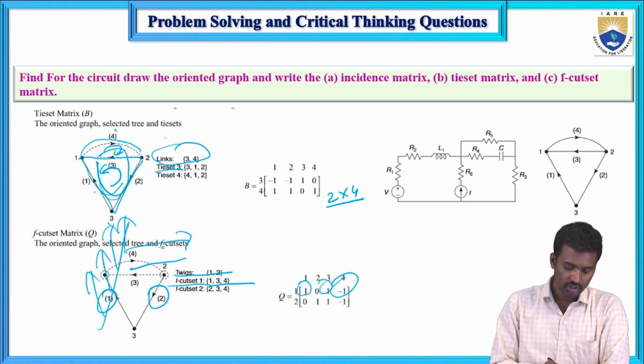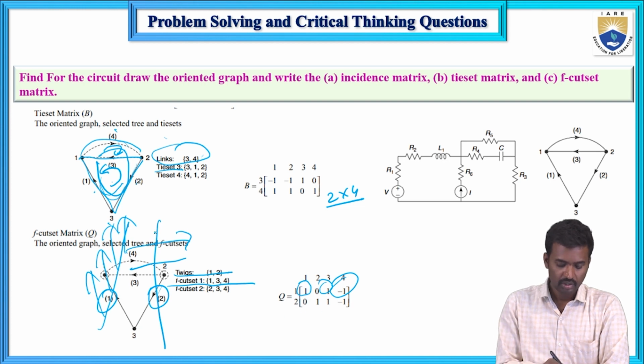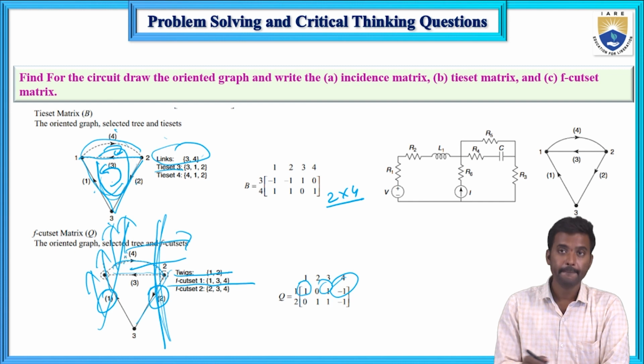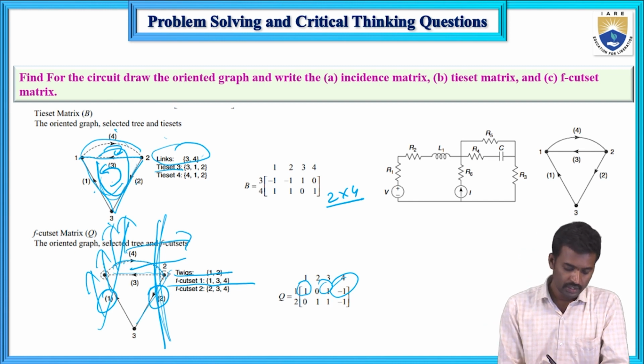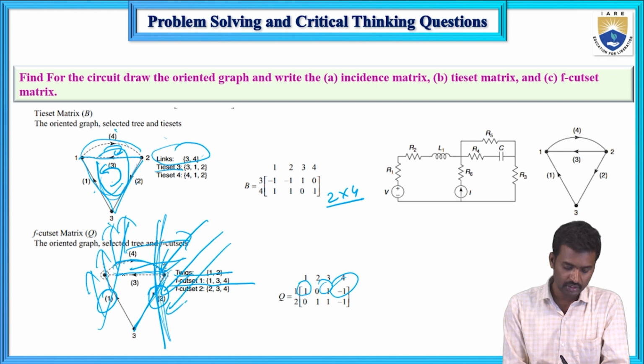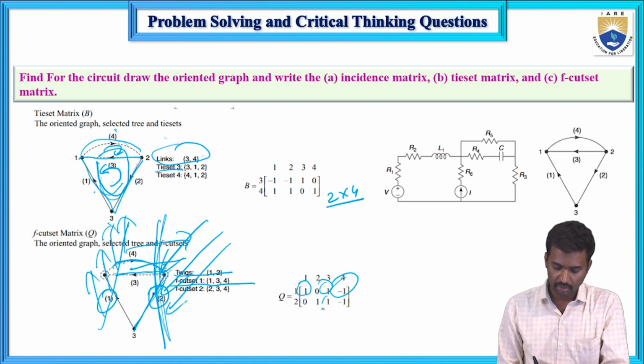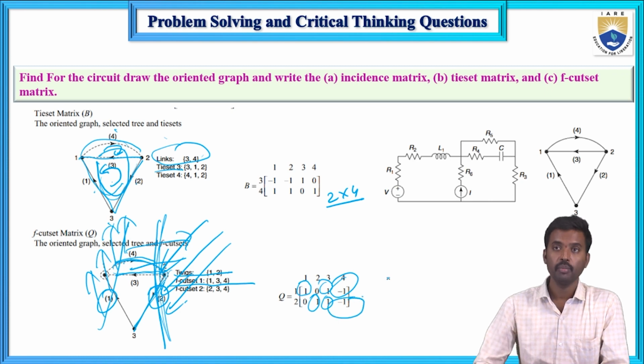And next, for this 2, two branch directions here. For this 2, this is entering, this is leaving, and this is leaving, and this one is leaving. So now this F cut set 2 direction: this is the same direction, 3 is the same direction, and this 2 is the same direction, and the fourth is the opposite direction, minus.